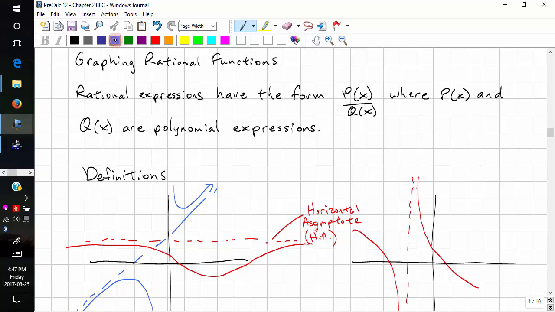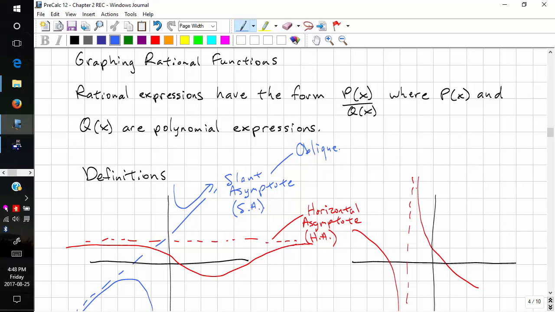This blue dotted line is your slant asymptote, and you abbreviate this SA. In the book, it also refers to it as oblique. I think slant is easier than oblique.